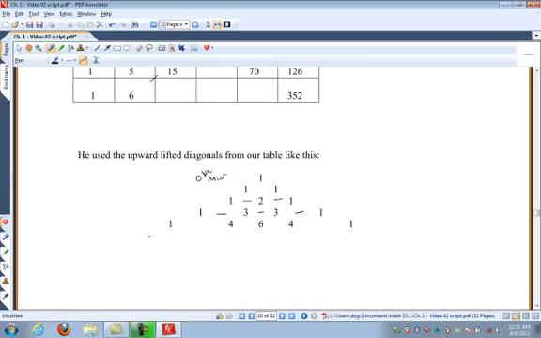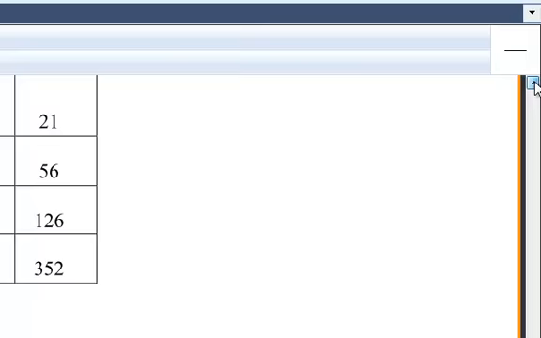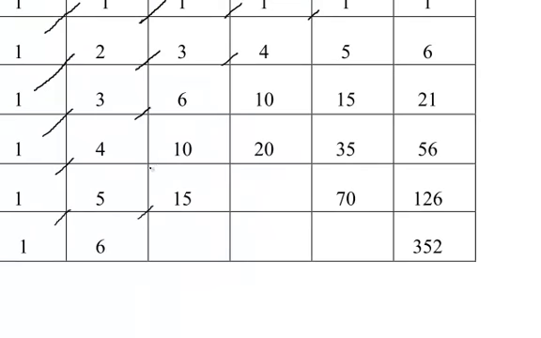So to get the next row, 1, 1 plus 4 is 5, 4 plus 6 is 10, 6 plus 4 is 10, 4 plus 1 is 5, and then you put your 1. So let's look. See? 1, 5, 10, 10, 5, 1. Yep, that's exactly right. That's the next row.